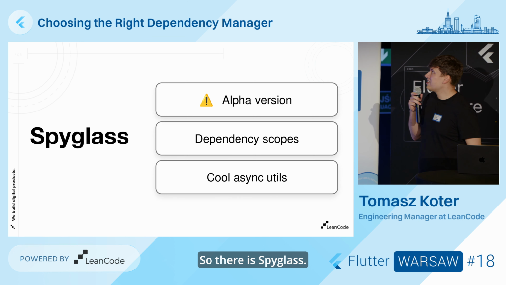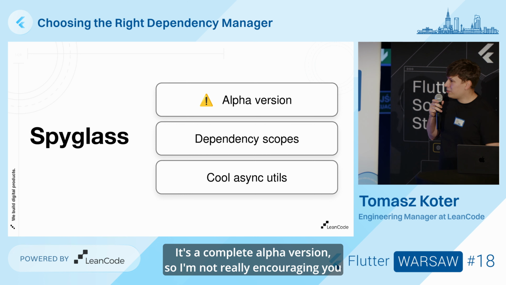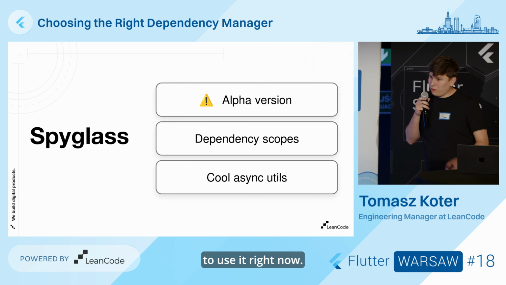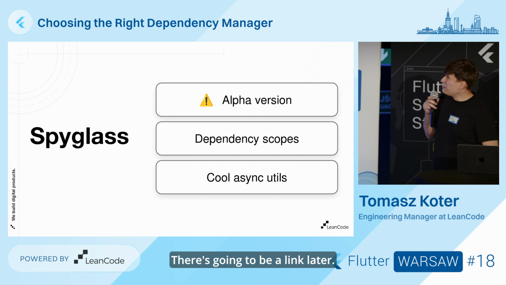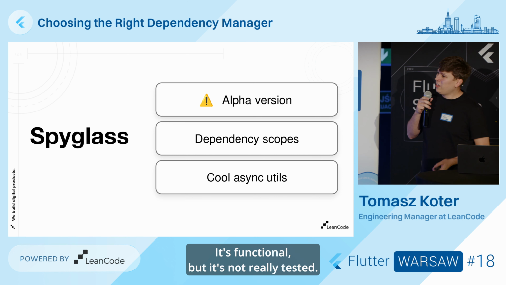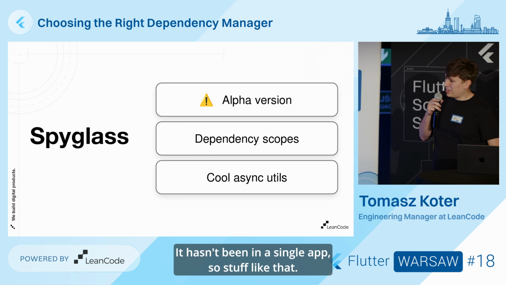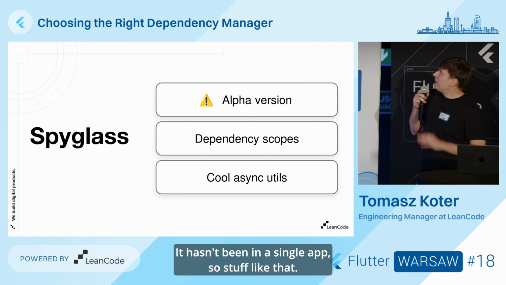So there's SpyGlass. It's a complete alpha version, so I'm not really encouraging you to use it right now. There's going to be a link later. It's kind of functional, but it's not really tested. It hasn't been in a single app.